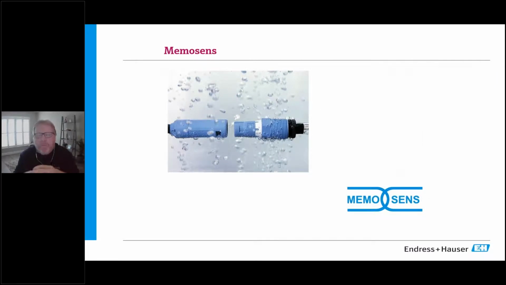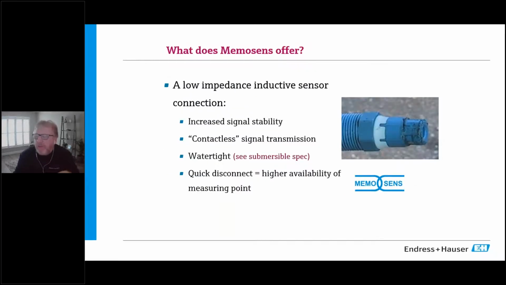So let's talk a little bit about Memosens, what exactly that is. As you can see, we're going to get back to those ones I described to you with that blue inductive head. Really what it is, we've made sensors, and inside that sensor we embed a chip, and that chip contains all the calibration and all the information associated with that particular sensor.